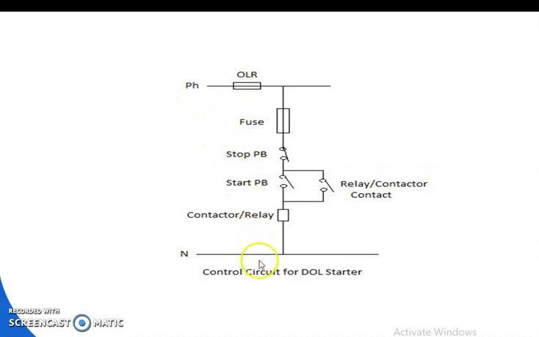So this is the single line diagram for the control circuit of the DOL starter. Repeating again, this is the phase, the overload relay switch, the fuse, the stop push button switch, the start push button switch, and the relay contactor contact. This one is the neutral. So this is the control circuit for the DOL starter.